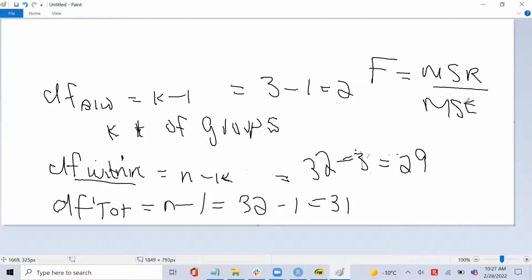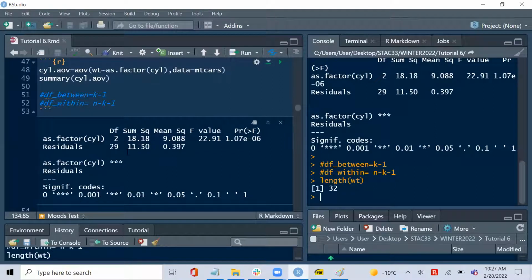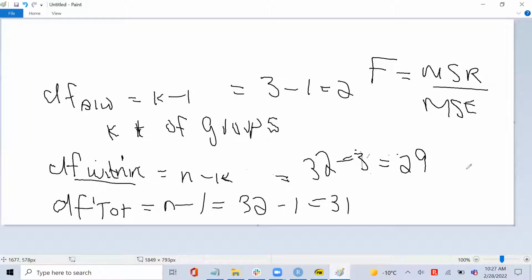You want the sum of squares to remain kind of low for this, because the ratio of these two things ends up being your F test, right?